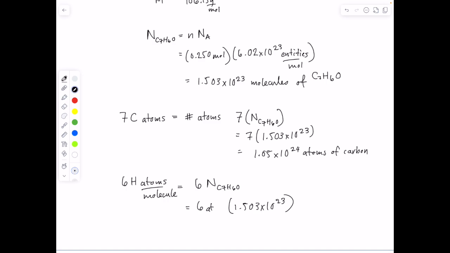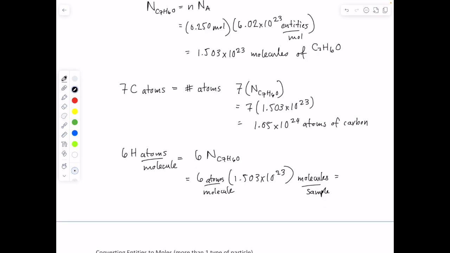There's 6 atoms per molecule. And there are 1.503 times 10 to the power of 23 molecules in the sample. So when we compute this, we get 9.02 times 10 to the power of 23 atoms of hydrogen in the sample.